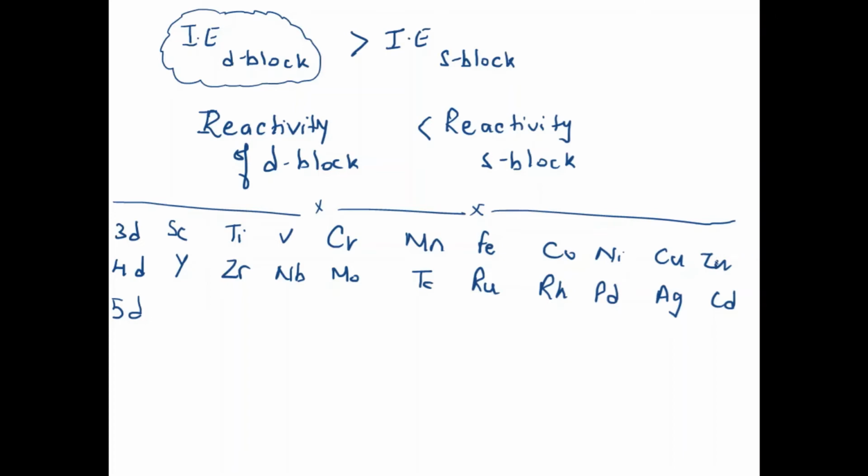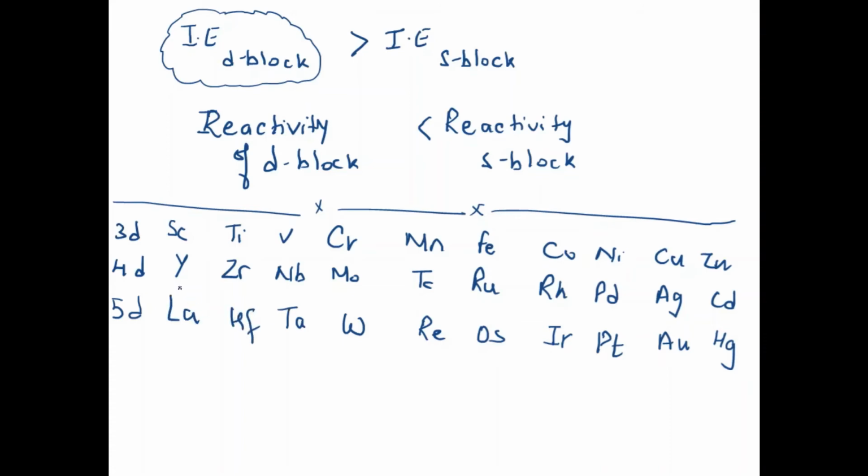Now, the 5d transition series: zinc, cadmium, just remember this. This is mercury, copper, silver, and then remember gold. These are some of the metals. Nickel, palladium, platinum. Now, I move from back to front for the abbreviation, tungsten, tantalum, hafnium, lanthanum.